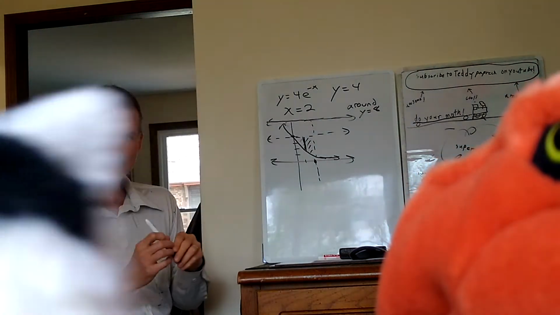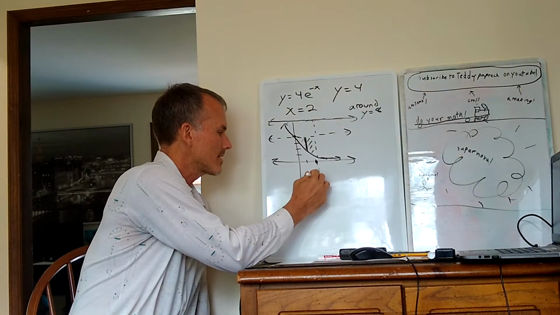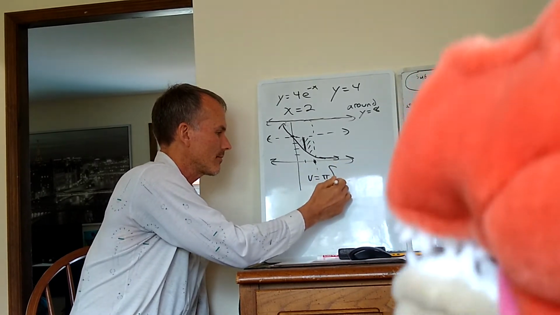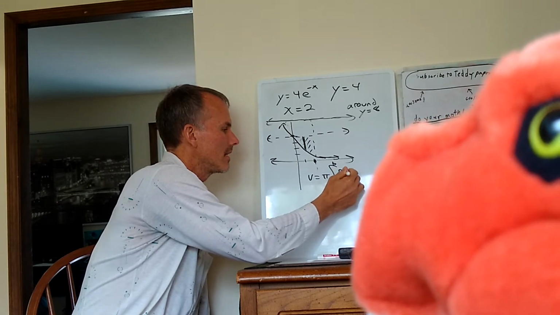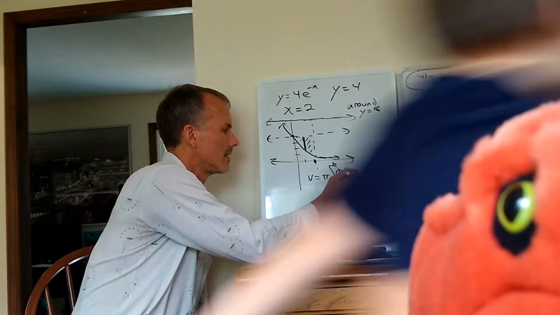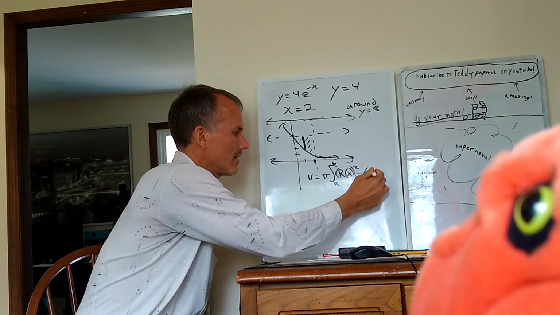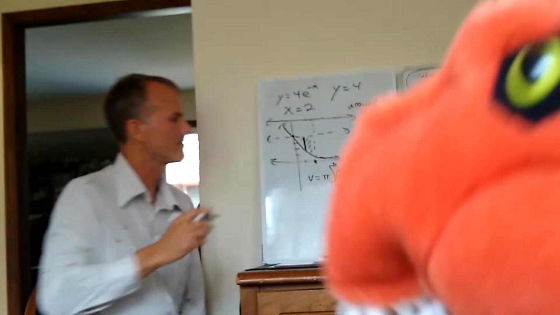Now, in the last video we discovered the washer formula, which is the volume equals pi times the integral from a to b of big R of x squared minus little r of x squared times dx.